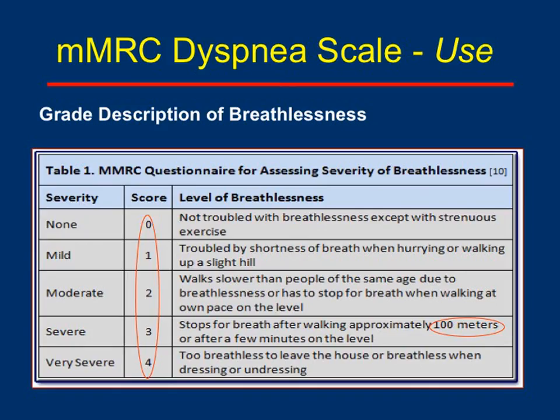I want to point out number 3 uses meters. So if you're currently using 100 feet, you need to adjust it. That's an inaccurate change in the test. So this measures shortness of breath in common daily activities and exertion. Next slide, please.